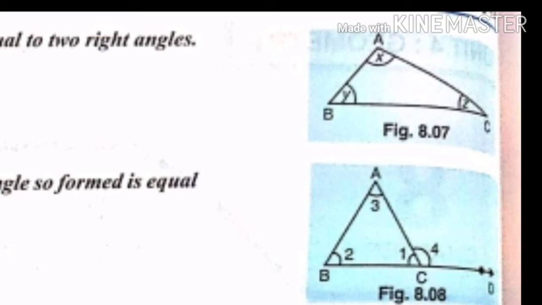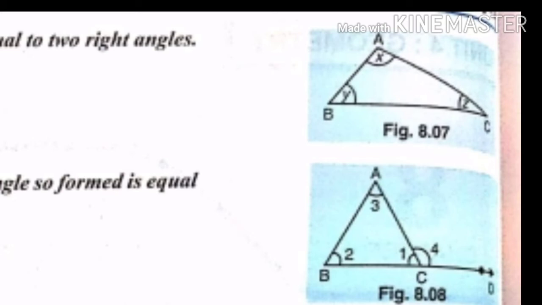You can see now figure 8.07. In this, a triangle is given, triangle ABC, and X, Y, Z are the three angles. So the sum of these three angles is always 180 degrees. And see figure 8.08. Angle 4 is the exterior angle of triangle ABC, and angle 2 and angle 3 are interior opposite angles. Angle 1 is forming the linear pair, but 2 and 3 are interior opposite angles.